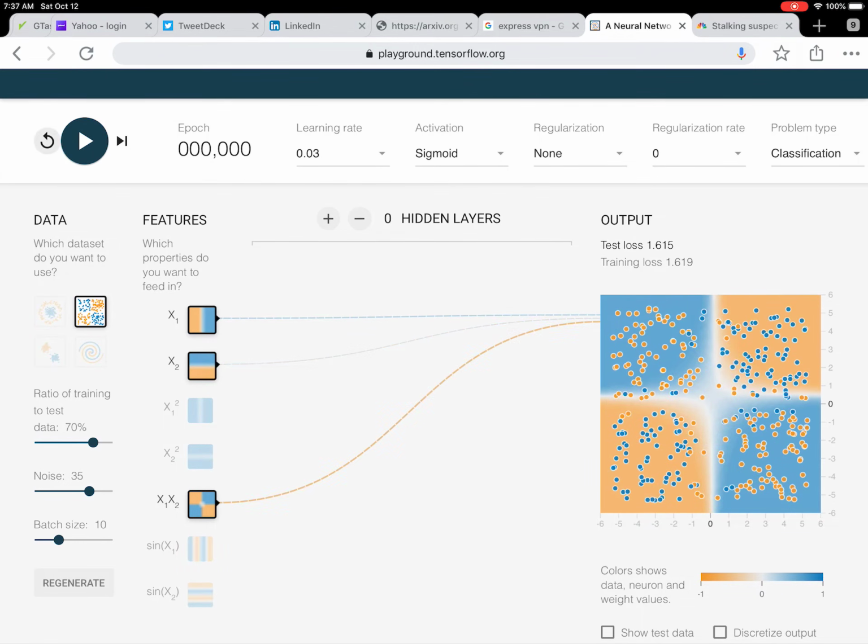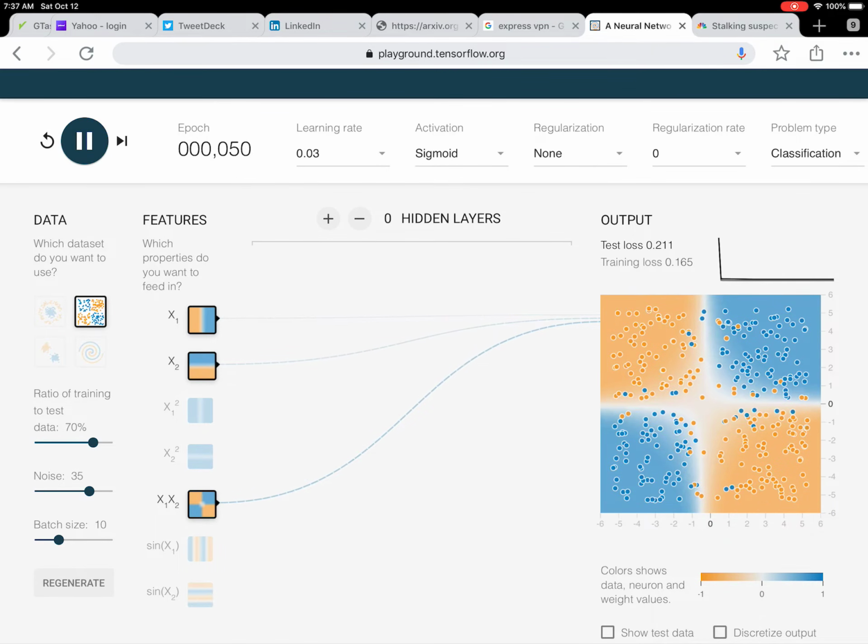Now, if I reset and start training again, you notice what happened. Suddenly there's a nice clean blue region in the top right quadrant and the bottom left quadrant, and the yellow regions in the other two. And then suddenly the test loss and training loss reduce significantly.